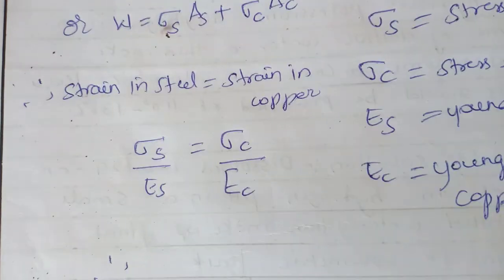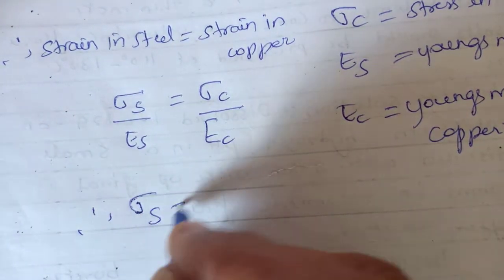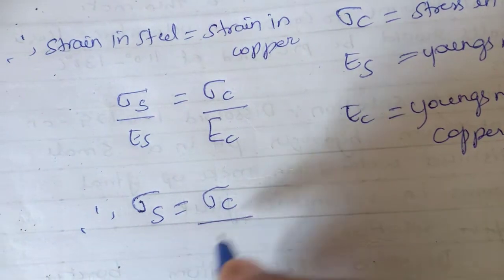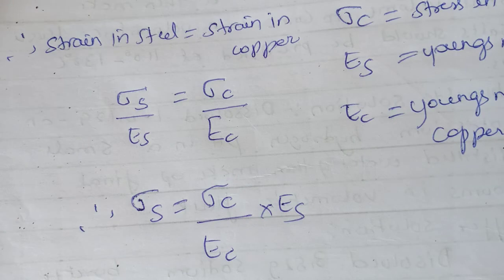Therefore, we will have sigma S equal to sigma C into Es by Ec. So this is our formula we are going to use for stress in steel.